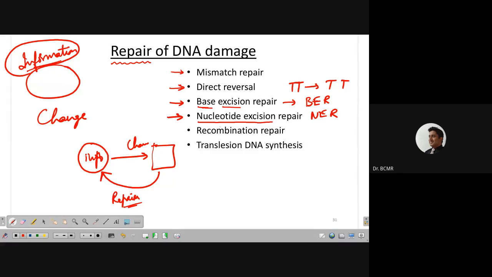In this case, you are deleting a nucleotide, not just the nitrogenous base. And then we have something called recombination repair, which I think we will revisit when we discuss recombination. And then there is one that is called translesion DNA synthesis. That's my all-time favorite, actually.